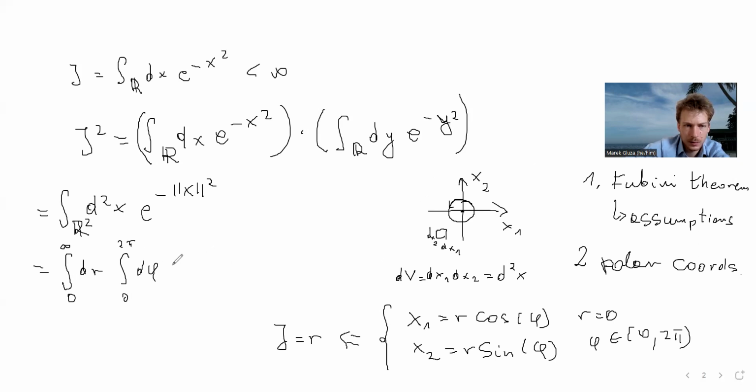Then I need to enter the Jacobian, and then I need to express x1 squared plus x2 squared, and know that this is r squared. This is because you square all of this and sum it up: r squared times cosine squared plus sine squared, which is 1. So e to minus r squared.